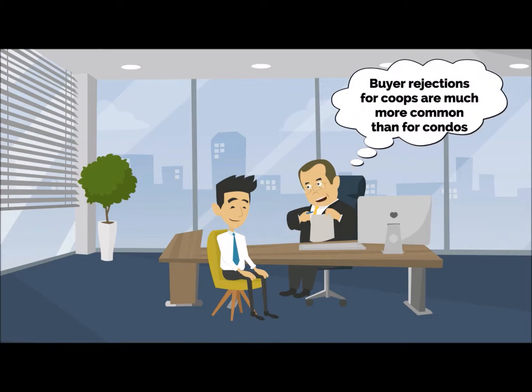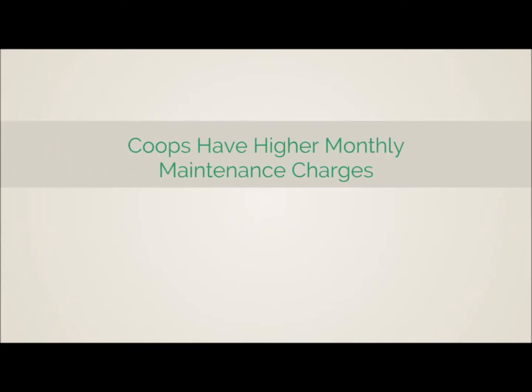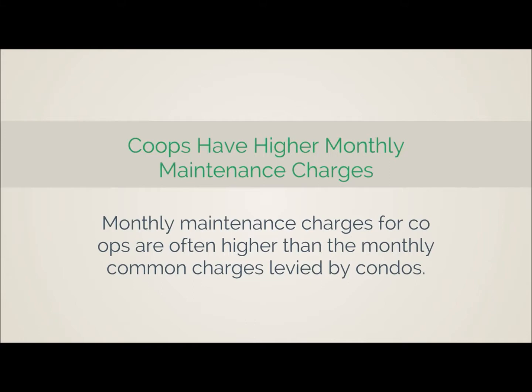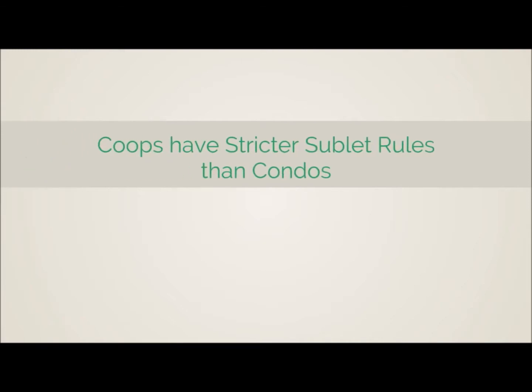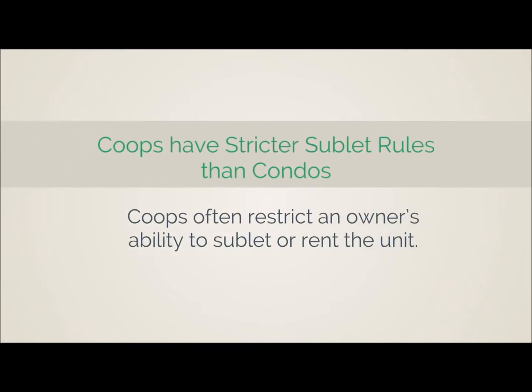Buyer rejections for co-ops are much more common than for condos. 6. Co-ops have higher monthly maintenance charges. Monthly maintenance charges for co-ops are often higher than monthly common charges levied by condos. 7. Co-ops have stricter sublet rules than condos. Co-ops often restrict an owner's ability to sublet or rent the unit.